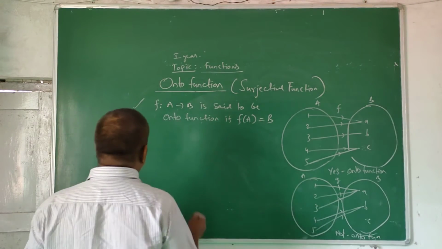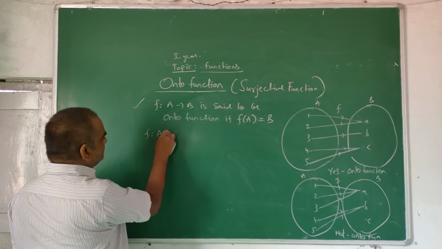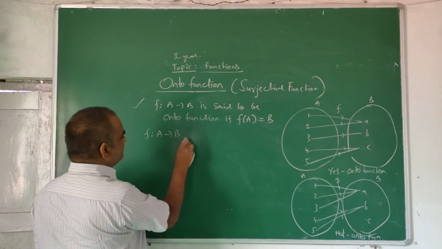So now, as long as infinite sets are considered, here A and B are infinite sets.